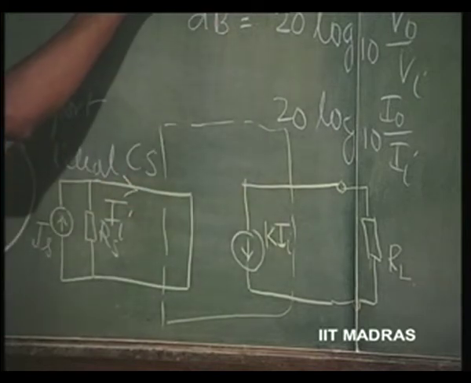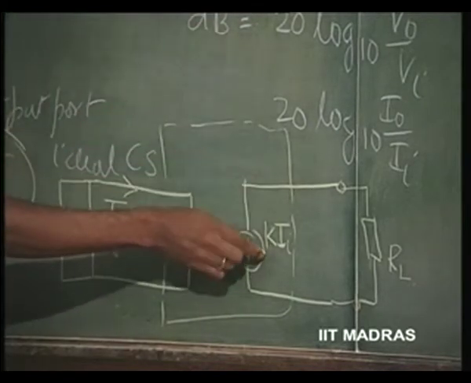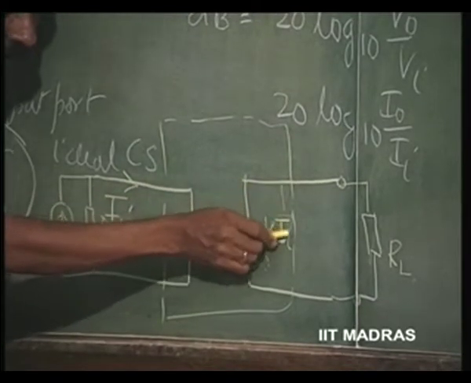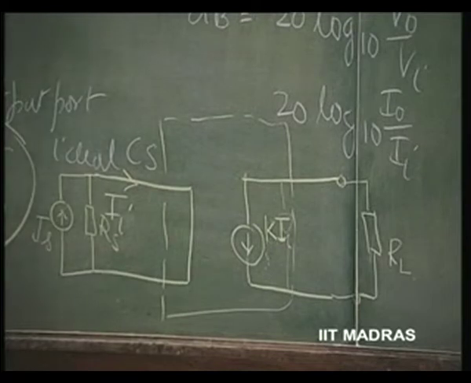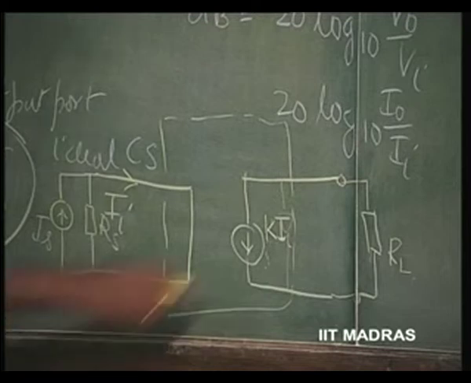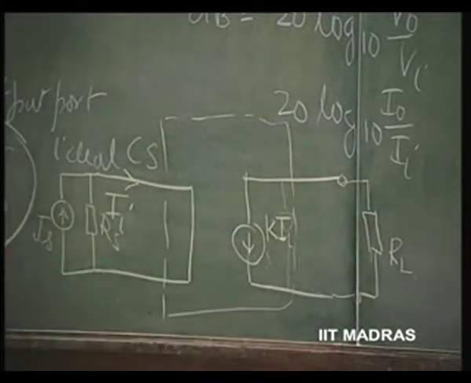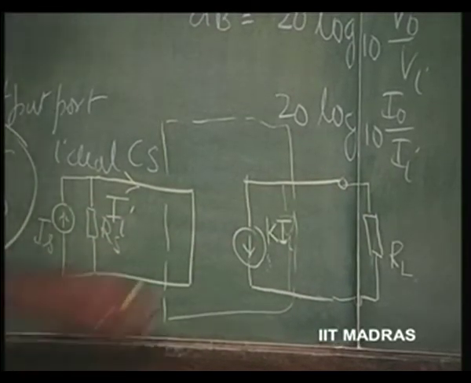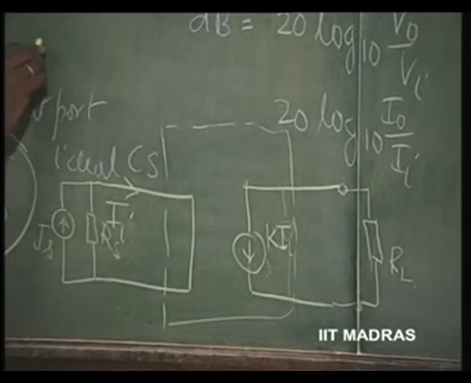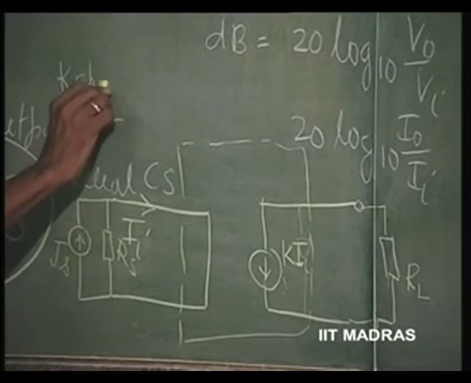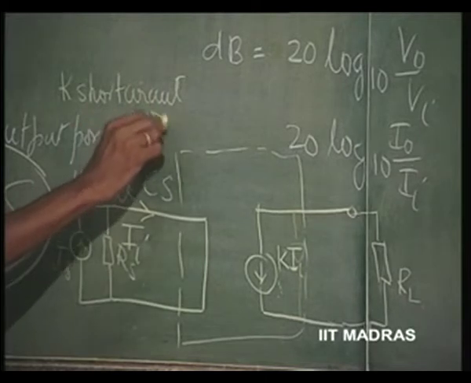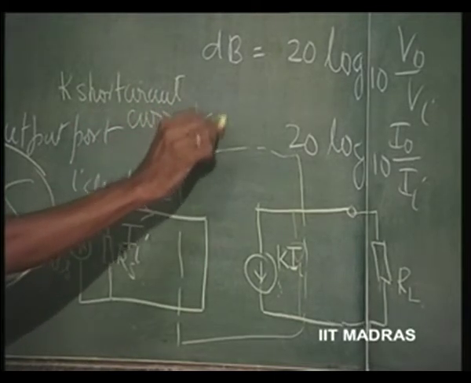Compare this with the other amplifier, this is now called short circuit current gain, because in case this also has non-ideality, which is the output impedance here, then this current is going to be the short circuit current. So, this is called short circuit current gain. So, K is called short circuit current gain.